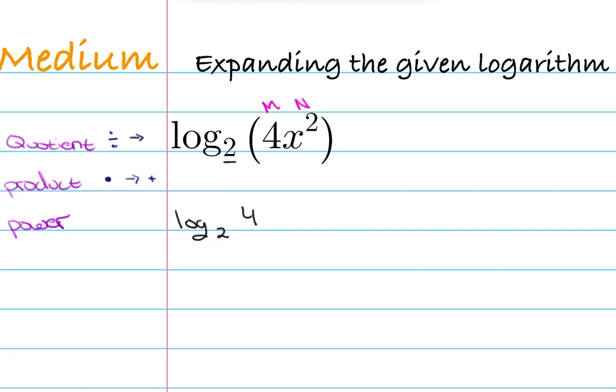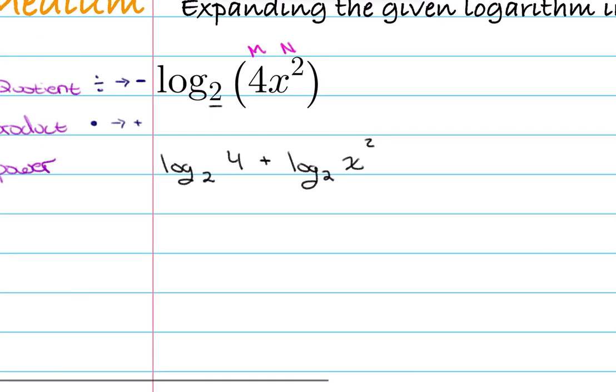Okay, so we have the log base 2 of 4 plus, because we're multiplying, the log base 2 of x squared. Okay, so we broke apart our 4 times x squared. All right, that's our product rule. The next thing that we are going to do, this might help too. I'm going to write from here to here, we used the product rule.